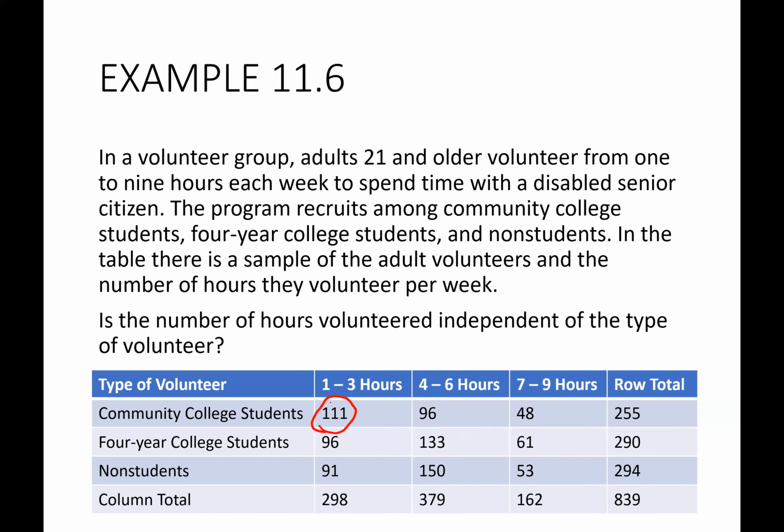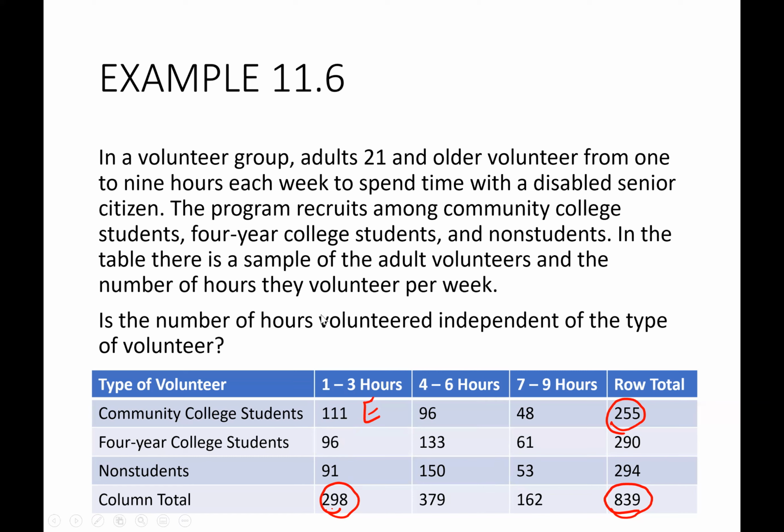To find what we expect, we take the row total times the column total, and we divide it by the total. So the expected value for that cell would be 255 times 298 divided by 839.